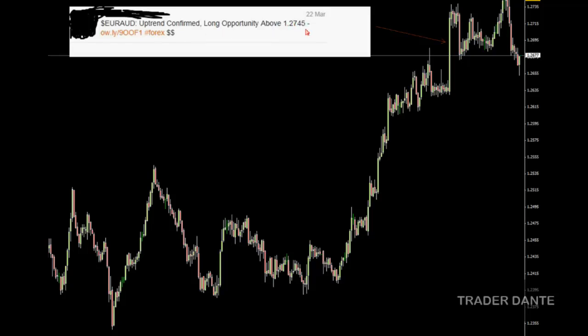Long opportunity above 127.45. That's the yellow line. Above being the key word. You guys are probably thinking, well, yeah, but maybe if it does a rounded retest, no one's going to get long there, right? No one's going to just buy that as it goes through a swing high. Surely not. No one would do that. Let's have a look at the next slide.